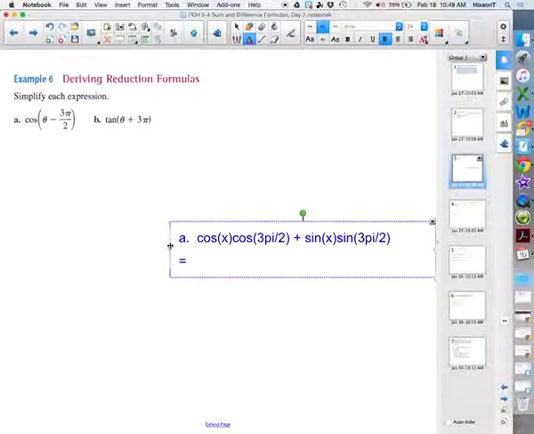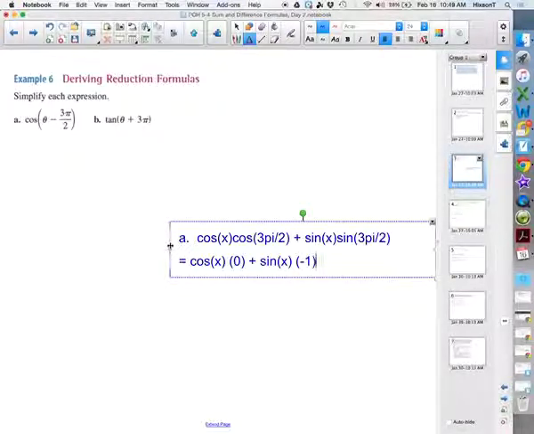Okay? So now we're going to go from here and we're going to actually plug in values that we know. All right? So we have the cosine of x times, what's the cosine of 3 pi over 2? 0. It's 0, okay? Cosine is the x-coordinate, right? So it's 0. And then we have plus sine of x times, good, sine of 3 pi over 2 is a negative 1.